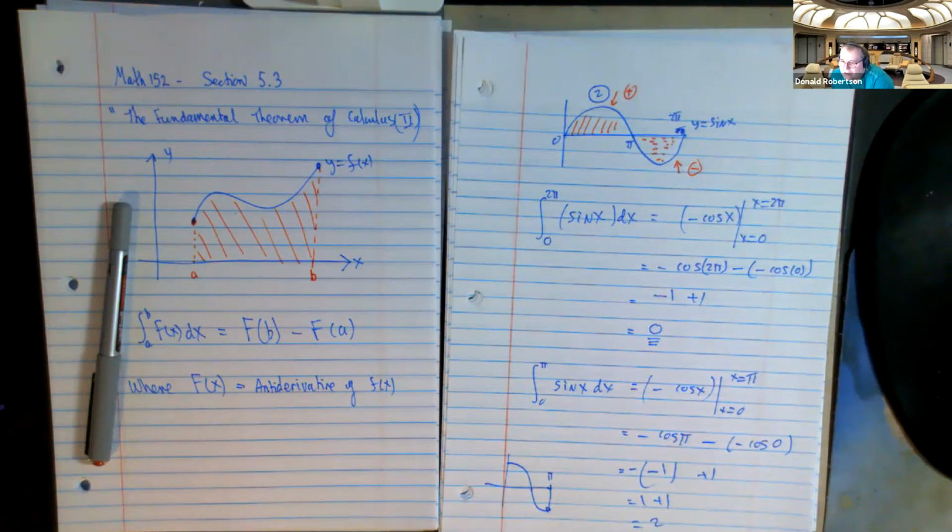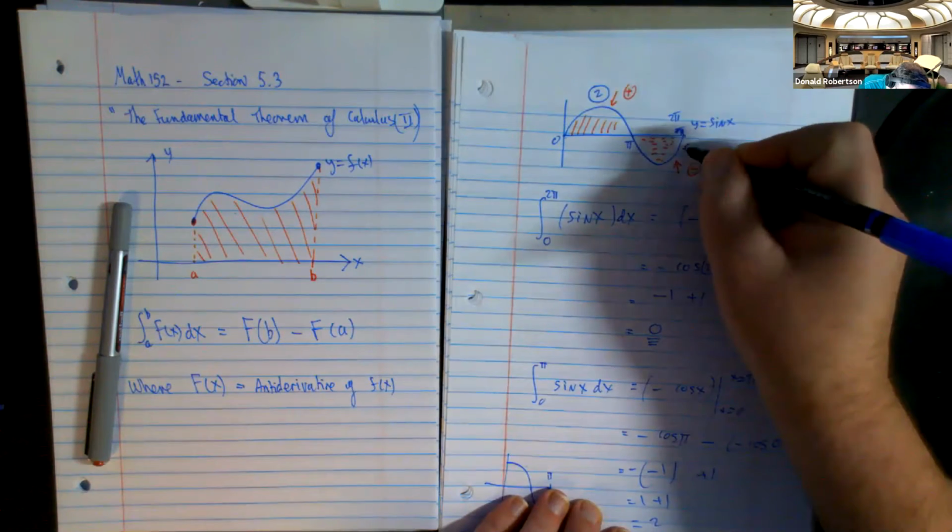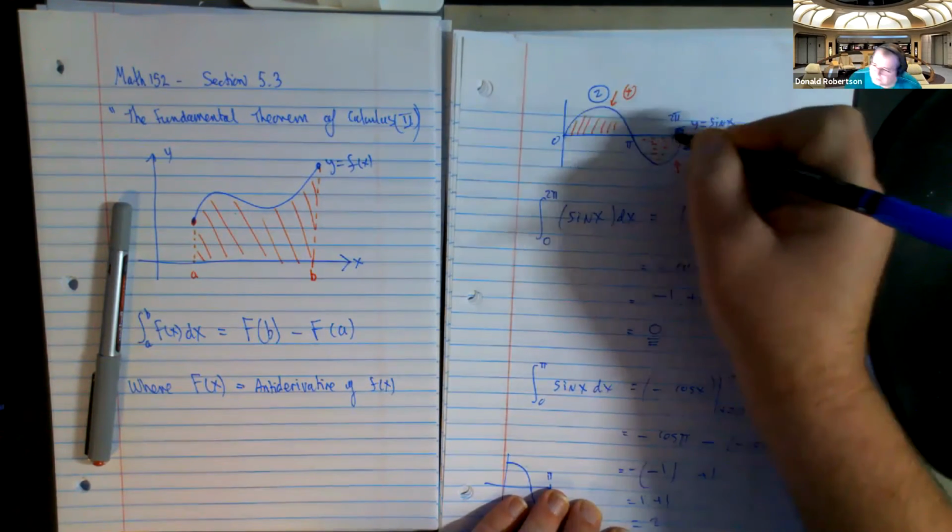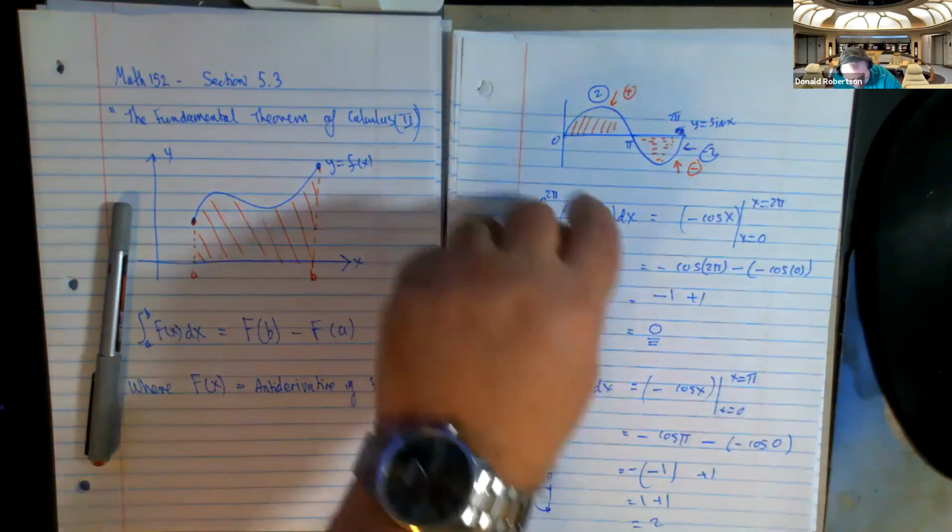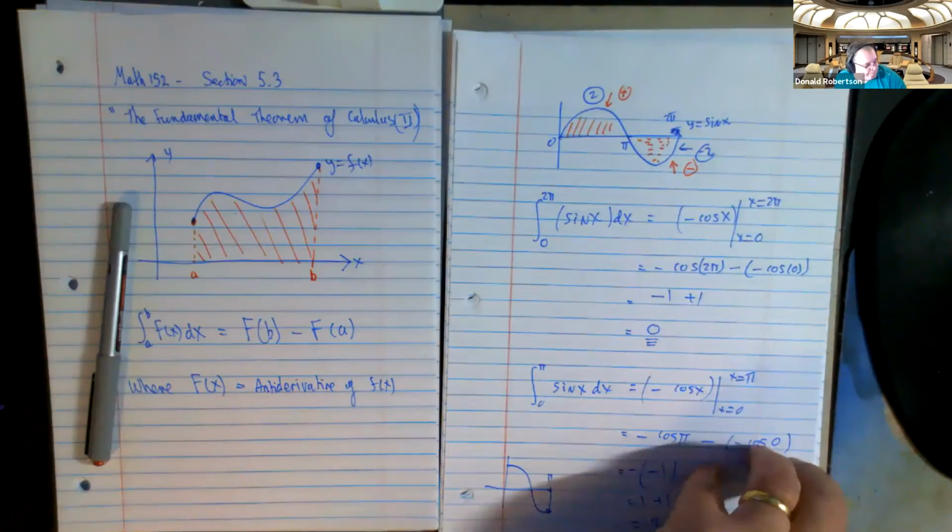Isn't it surprising how nice a number that is? You would think something underneath a curve like that would be some weird fraction or something. Oh, and I can tell you what that one is. Do you know that's going to be negative 2? Can you see that the 2 and the negative 2 cancel out?